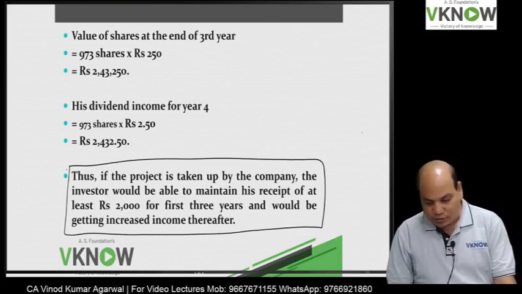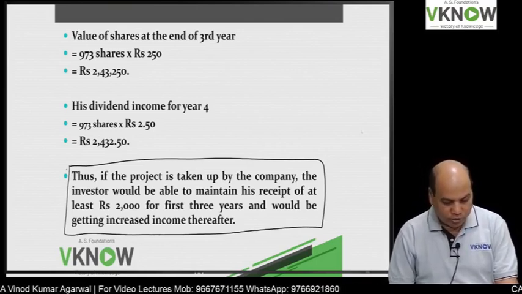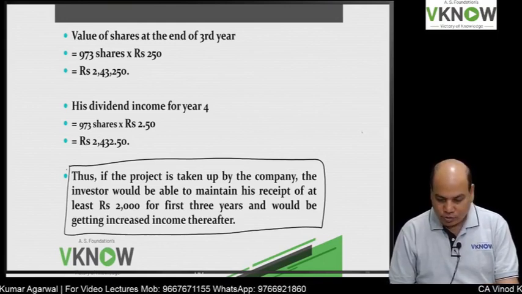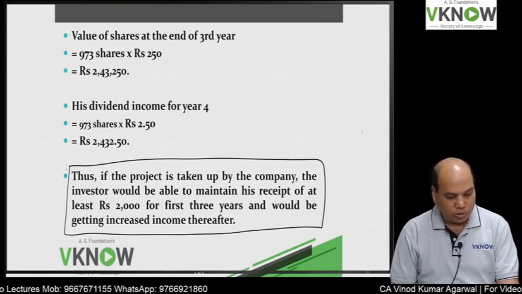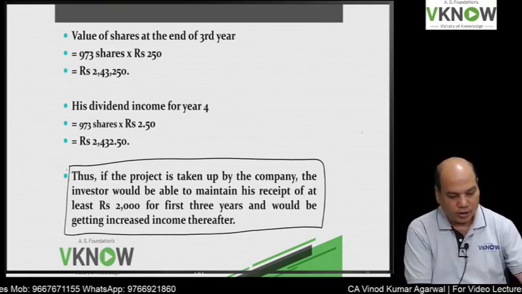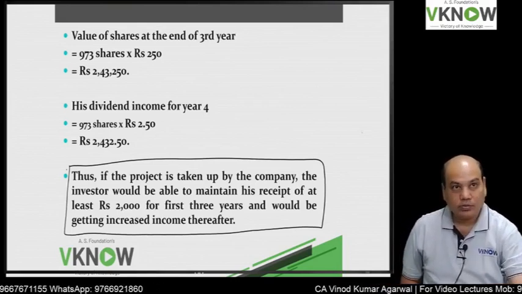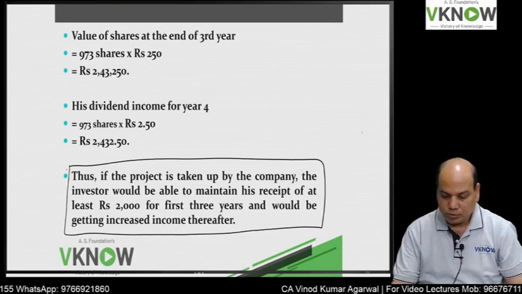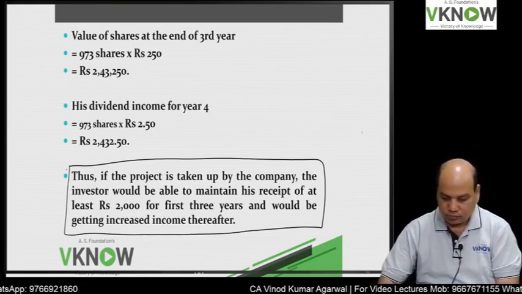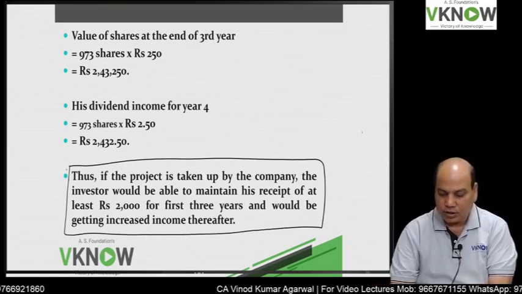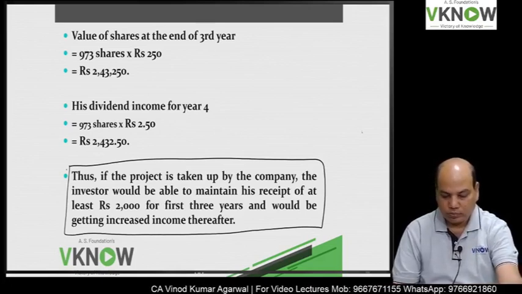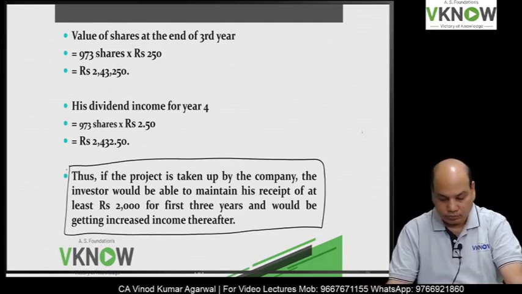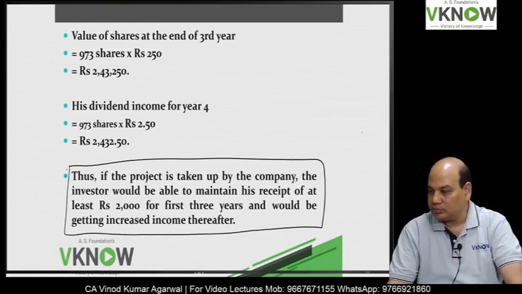Thus, if the project is taken up by the company, the investor should be able to maintain his receipt of at least rupees 2000 for the first 3 years, and would be getting increased income thereafter.